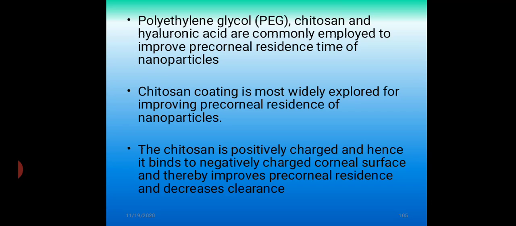Chitosan is generally positively charged and the corneal surface is negative in charge, so these are oppositely charged molecules, and they always attract each other. So the formulation developed using chitosan is retained in the cornea for a longer period of time.